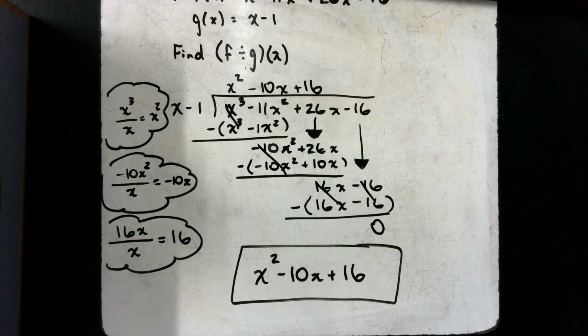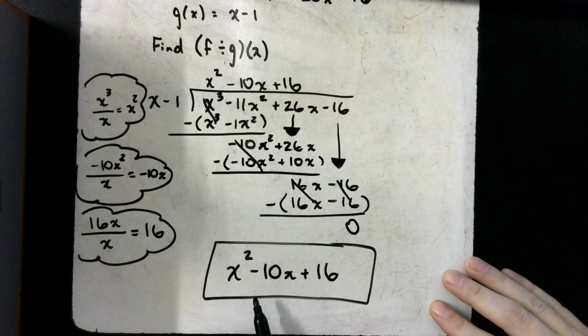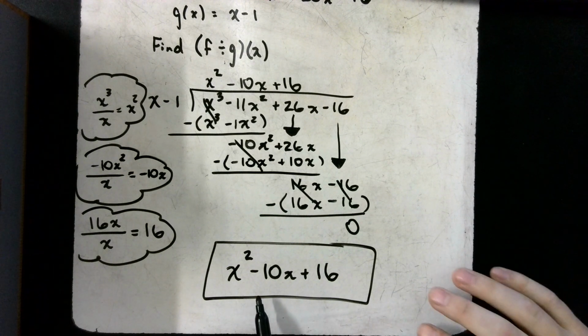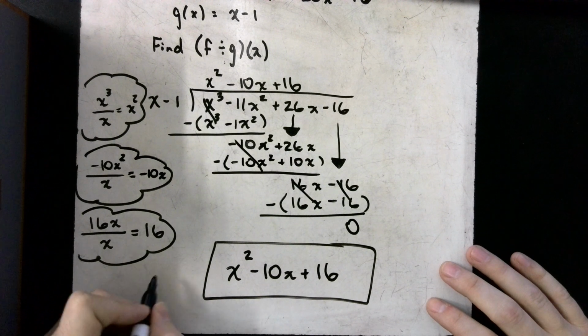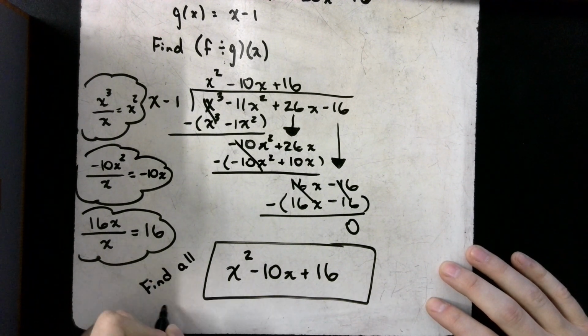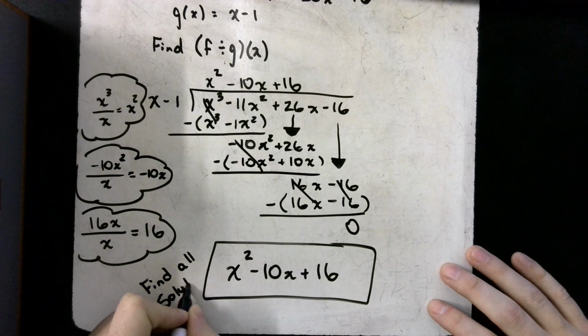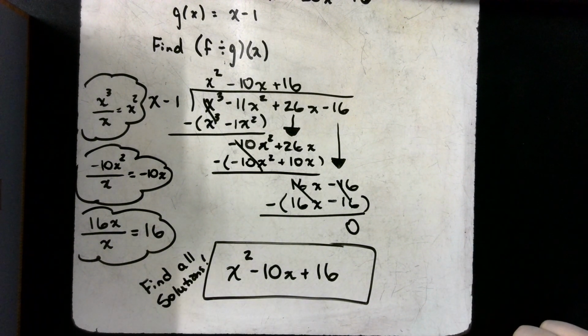Now, if I was to get another type of question, let's say, what if I asked to take this function, which is x squared minus 10x plus 16, and I wanted to find all solutions. Find all the solutions.